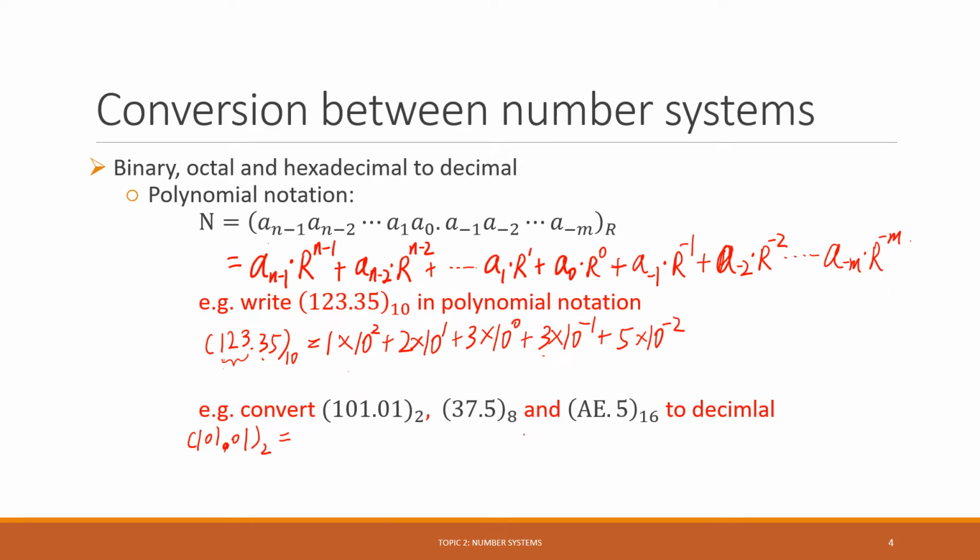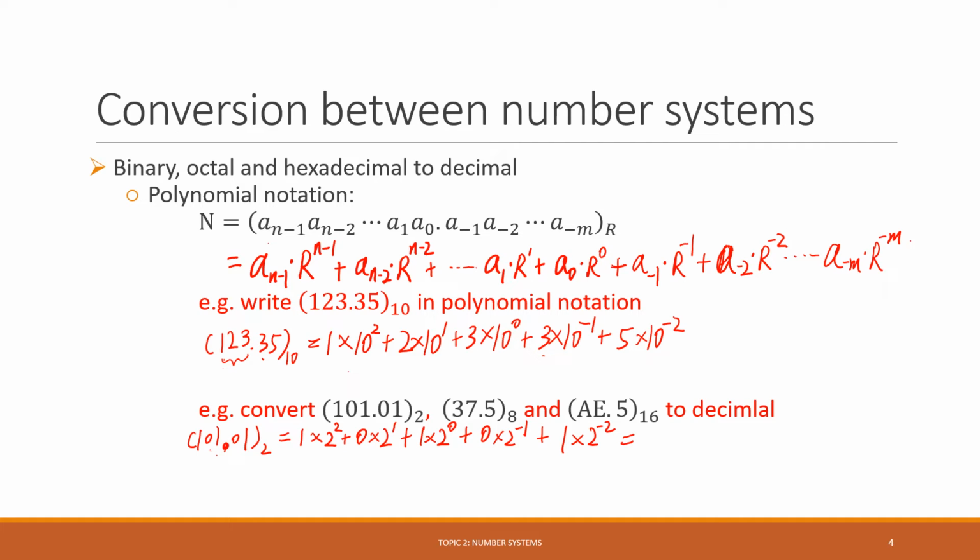Here n is still equal to 3, so the first bit, the MSB, is 1 by the radix 2 to the power of n minus 1, so 2 to the power of 2, plus the next bit 0 by 2 to the power of 1, plus the next bit 1 by 2 to the power of 0, plus 0 by 2 to the power of negative 1, plus 1 by 2 to the power of negative 2.